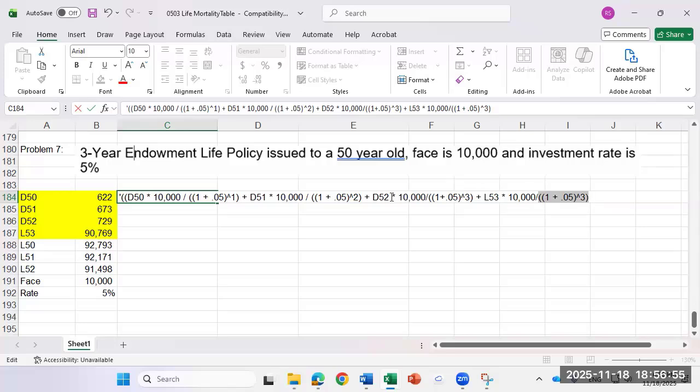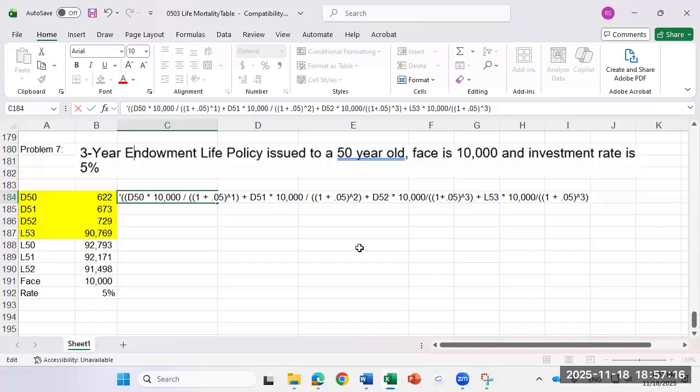And then what are you left with on the inside? D52 and L53. Anybody know what D52 plus L53 is? 100% of what? The people alive at 53 plus the people who died at 52 equals what? L52. So what could you do?